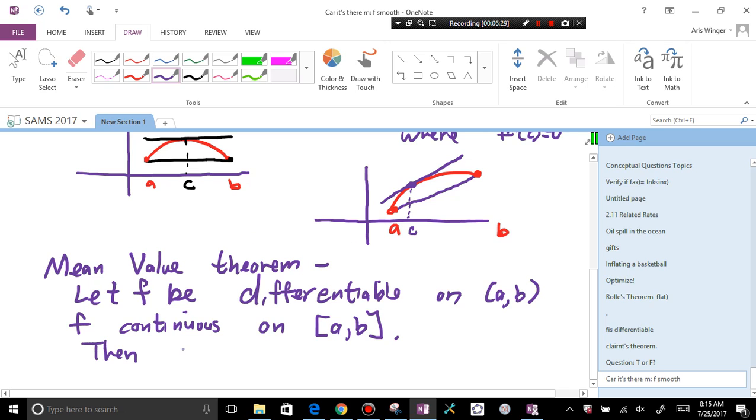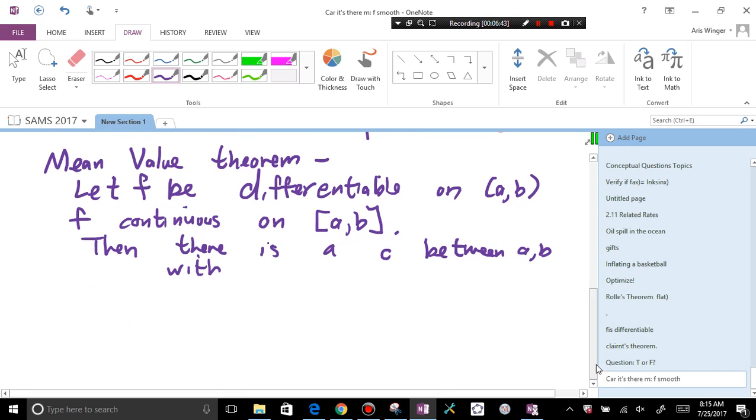Then, and again, it's going to look a lot like Rolle's theorem, there is a C between A and B with the following property. What property is that? We'll draw the picture again.